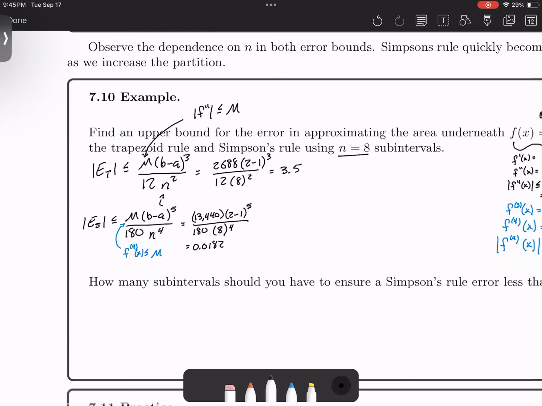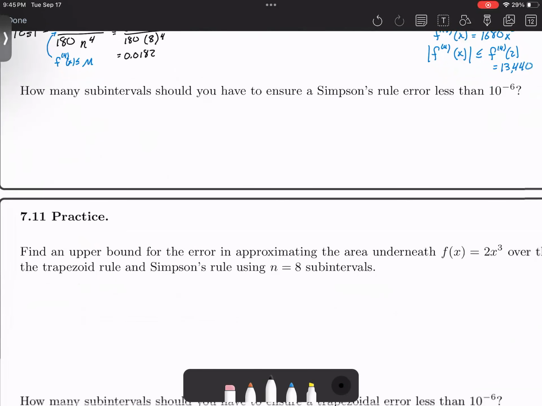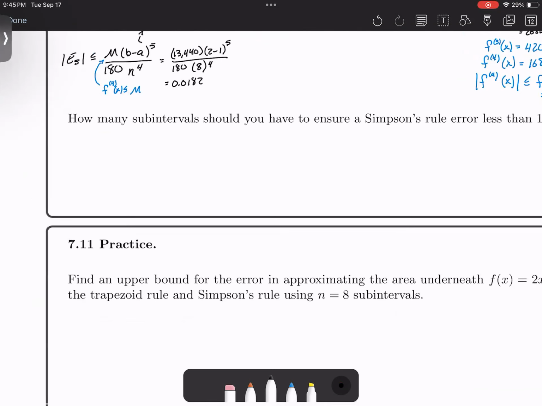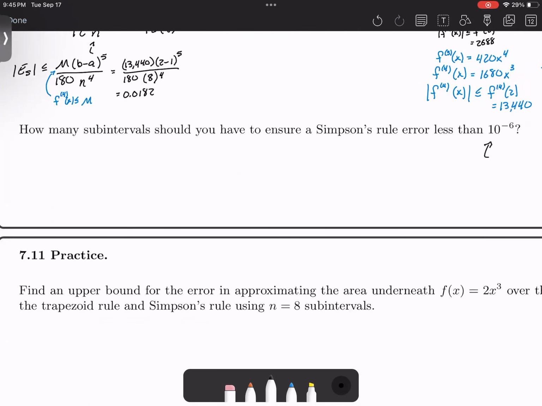So a good question would be, if I want a certain amount of error, how many rectangles in my domain, what size of partition should I have in order to have that certain amount of error, right? Because we know that if we increase the number of rectangles that we use, we get a better and better approximation. So this question states, how many subintervals should we have to ensure a Simpson's rule error less than 10 to the minus 6?